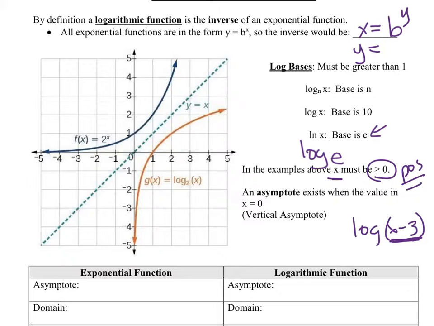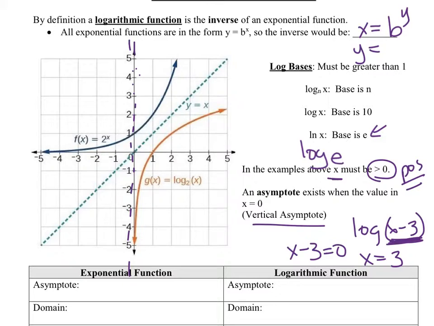Always positive. So that's an important thing. And that comes in, well, when that value is equal to 0, we have created a new asymptote, a vertical asymptote. So that's this guy. It's an x equals. So in this particular case, x minus 3 would be 0. So the asymptote would be x equals 3.